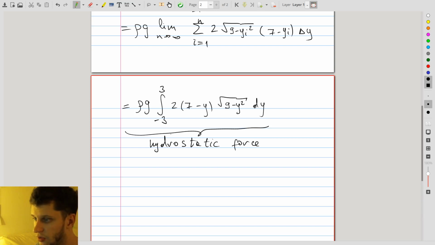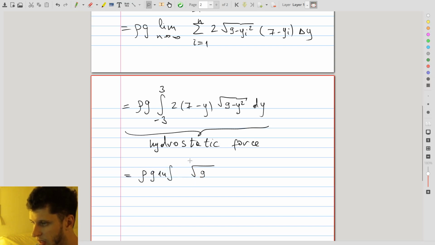And so I just need to go ahead and evaluate the integral. First of all, what you want to do is to split this integral by using the distributive law. So here, distribute this product, and then integrate the two terms separately. Now, there is another trick to this integral that I want to show you. When I split this, I can actually take 14 outside the integral.